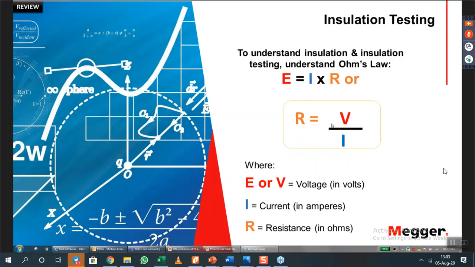So the resistance is directly proportional to voltage and inversely proportional to the current. Meaning if I want to measure higher resistance, I need a higher voltage. And during measurement, if I get a high current, meaning I will have a low resistance. Please take note of that.